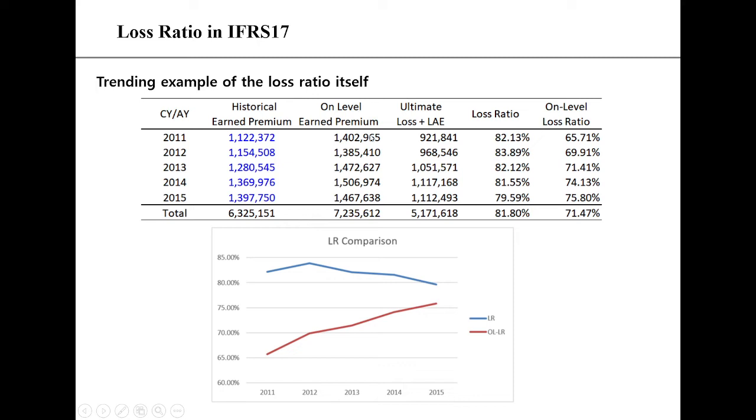Right? Oh, no, no, on level is the inflated one. So your denominator is bigger and the loss ratio tends to be lower. So once I have a look at this type of loss ratio trend, you fit this one using, let's say, regression.